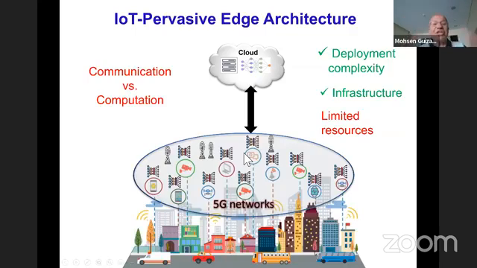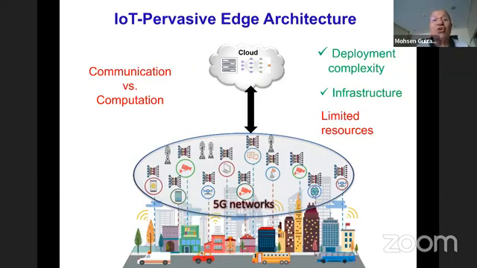So the situation here now is communication versus computing, a trade-off between communication and computing. That means how much we can compute so that we can be successful in the communication part, or how much we can communicate so that we can compute less and save energy.